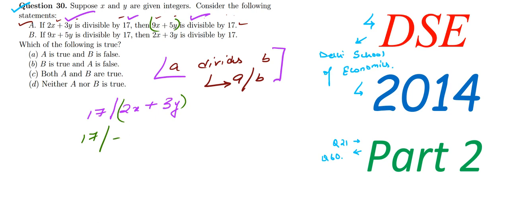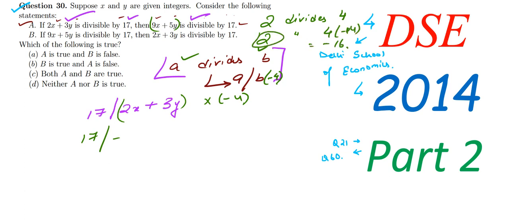Multiplying this side with minus 4: any number when A divides B, then A will obviously divide B into minus 4. For example, when 2 divides 4, then 2 will also divide 4 into minus 4, that is minus 16. And as you can see, 2 divides minus 16, hence it is true for every value that if 17 is dividing 2x plus 3y, then 17 will also divide 2x plus 3y into minus 4.